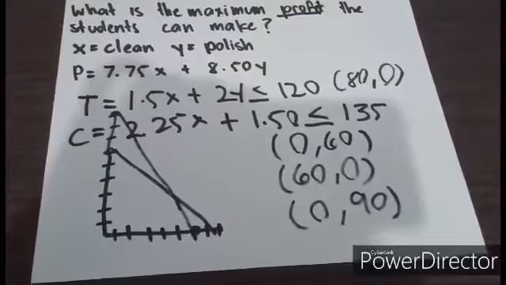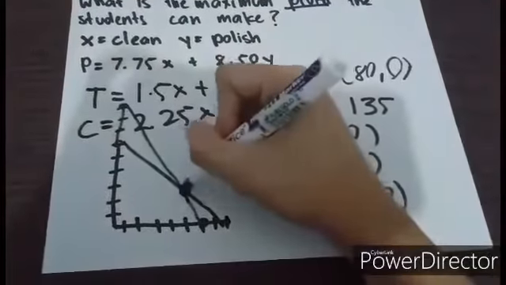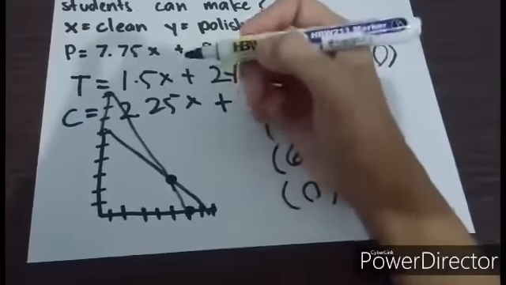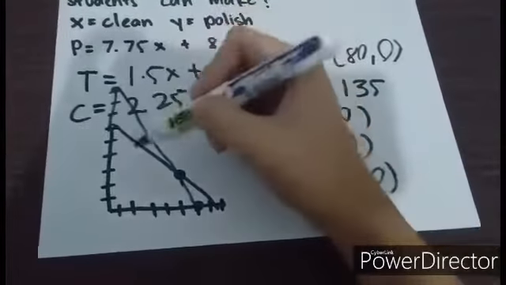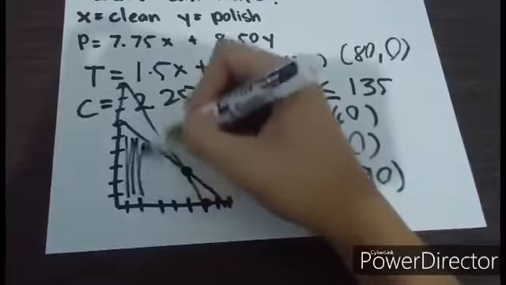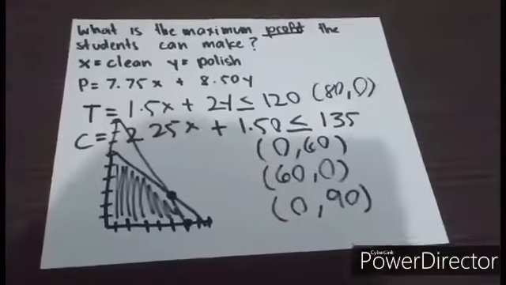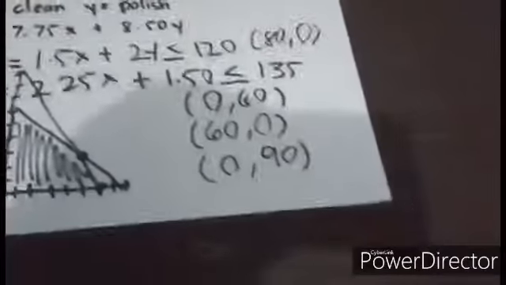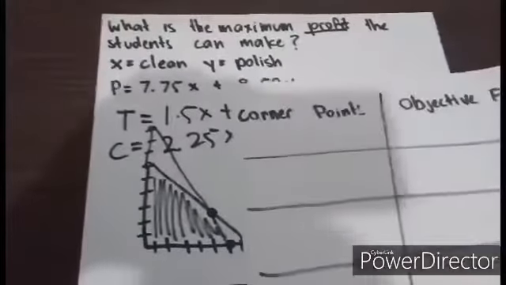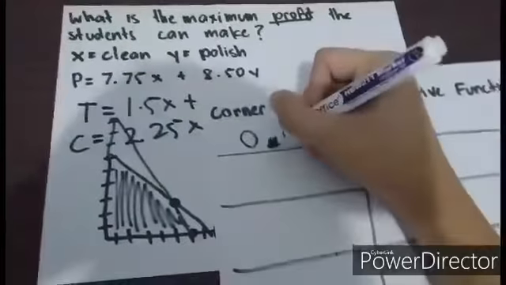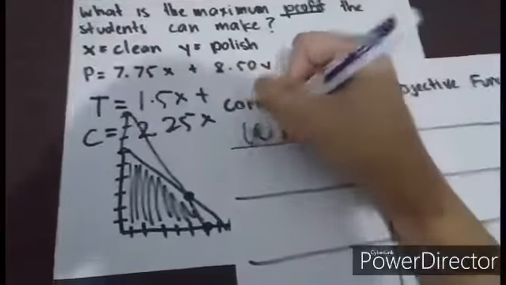So right in the middle, we have an intersection point. Since both of these are less than, we're going to shade beneath those lines. So here we have the corner points. First one is 0, 0.